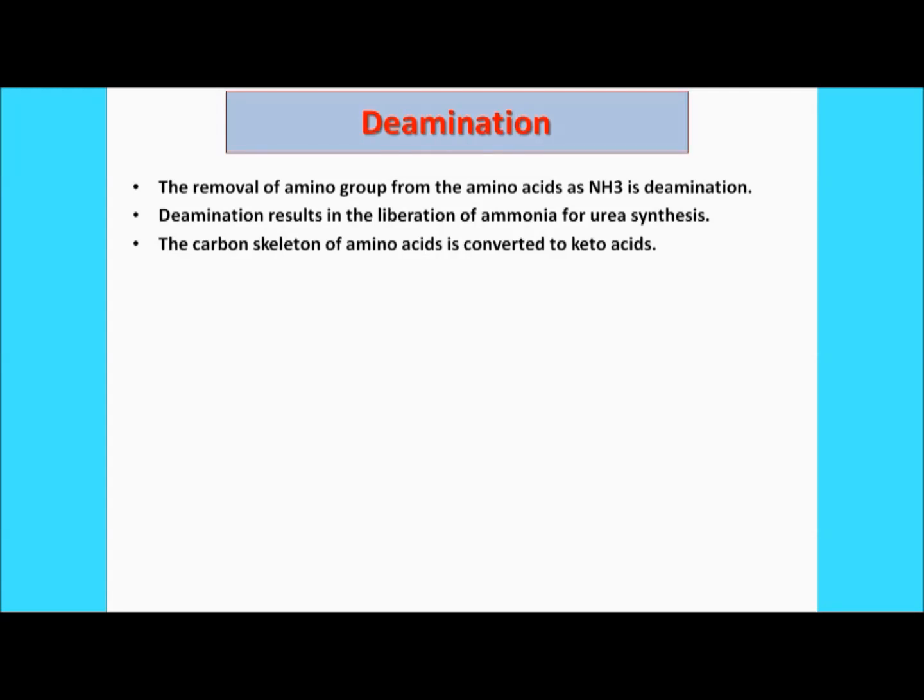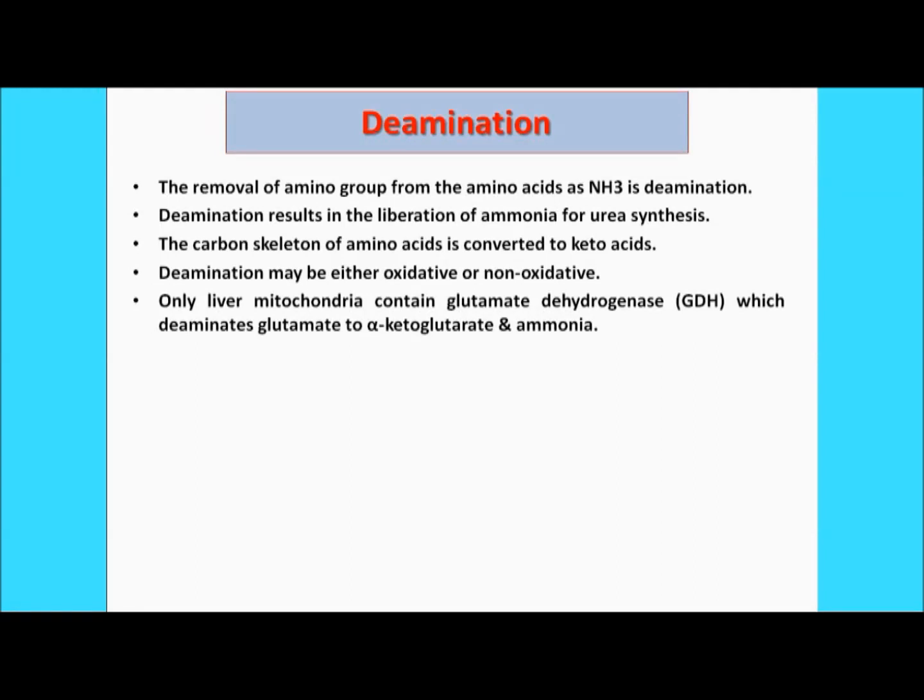Now this carbon skeleton generally gets converted into keto acid, right? Now the deamination may be either oxidative or non-oxidative. As per convenience, the process will be either oxidative deamination or non-oxidative deamination.